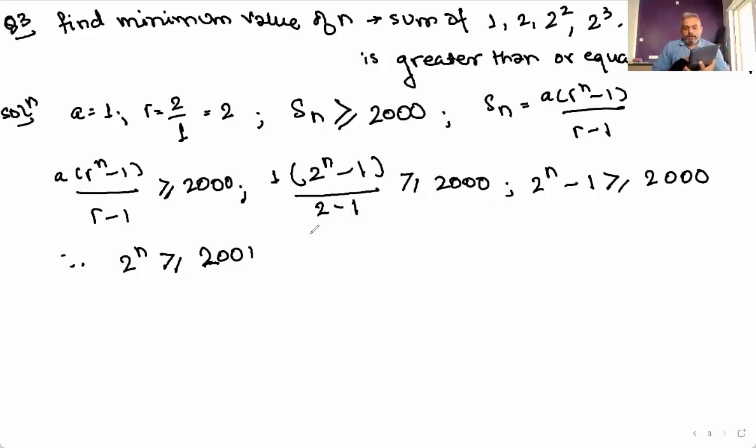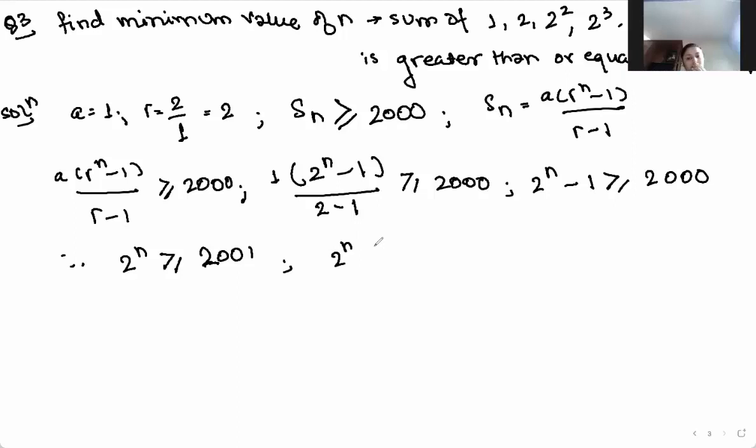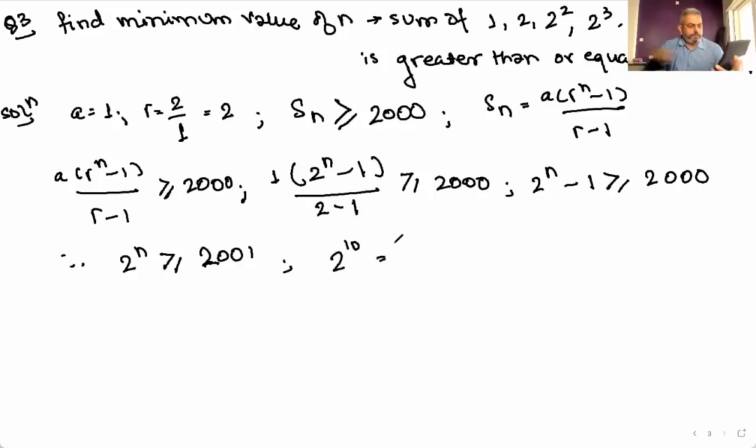So 2 into 2 is equal to 4, that is raised to 3, 4, 5, 6, 7, 8, 9, 10. So 2 raised to 10 is 1024, which is less than 2000.